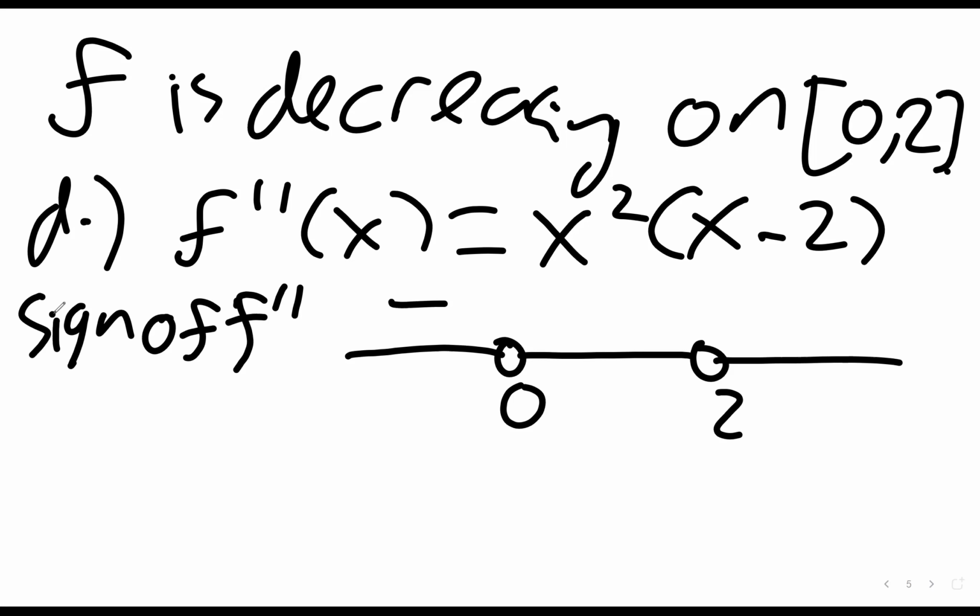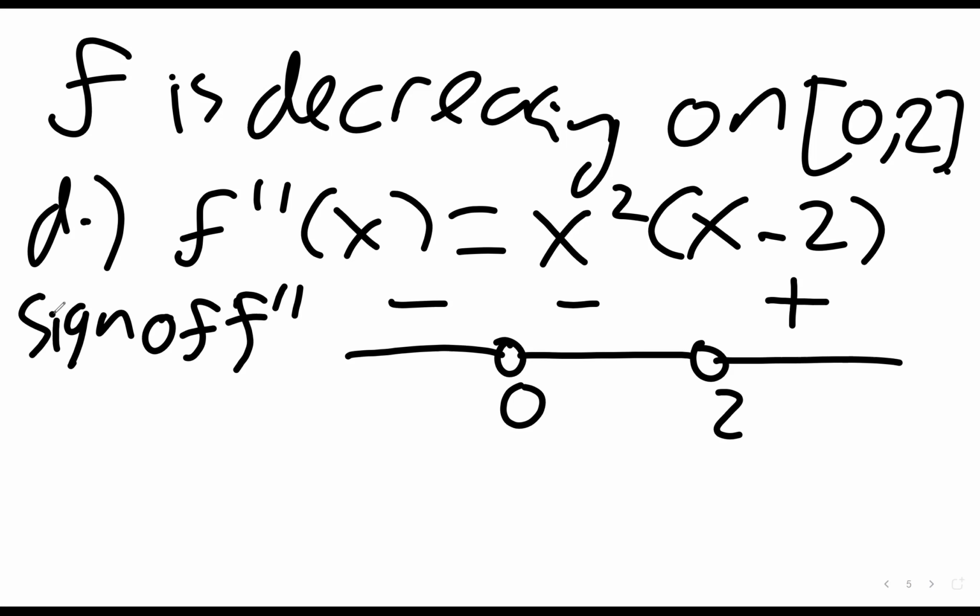You may take x equals minus 1, for instance. If x is in between 0 and 2, the function here is once again negative, because x squared is always non-negative. And if x is in between 2 and infinity, then we have positive.